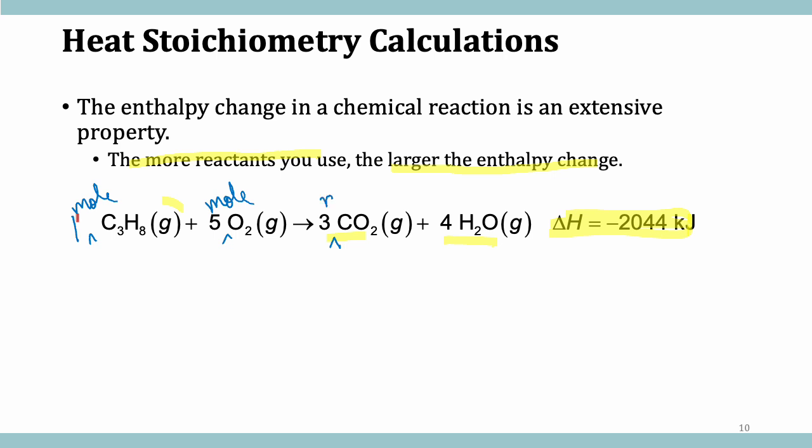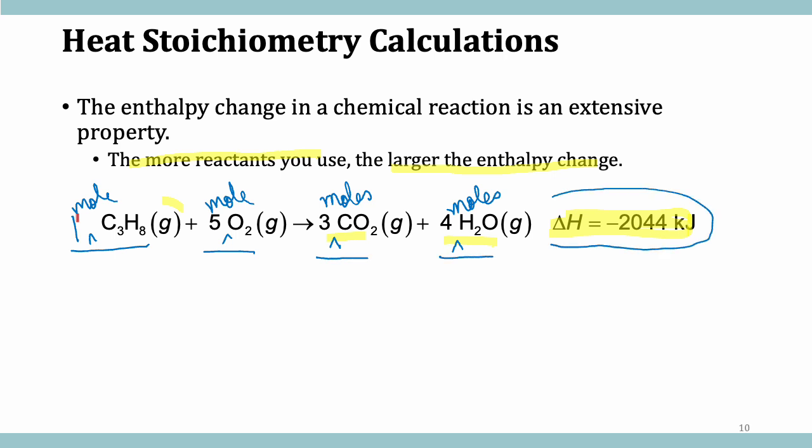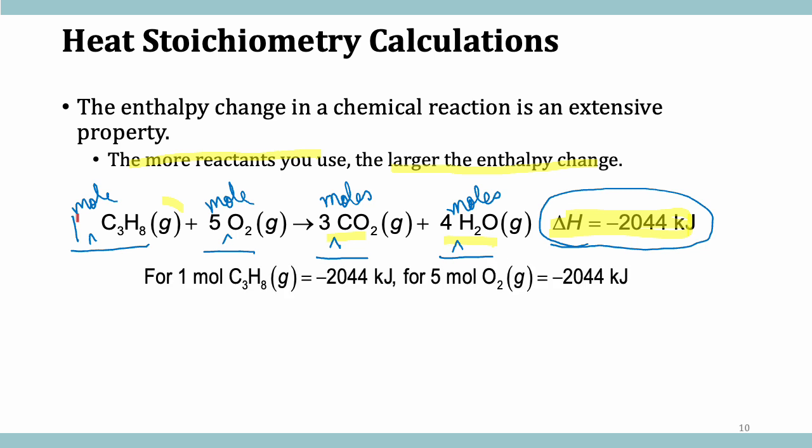We are releasing or producing 3 moles of CO2 and 4 moles of water, which means when 1 mole of C3H8 burns with 5 moles of oxygen and produces 3 moles of CO2 and 4 moles of water, the heat of the reaction is negative 2044 kilojoules, which simply means for every 1 mole of C3H8, the heat is negative 2044 kilojoules. So if you ever need a relationship, a conversion factor between moles of a substance and heat, you get it from the chemical reaction.